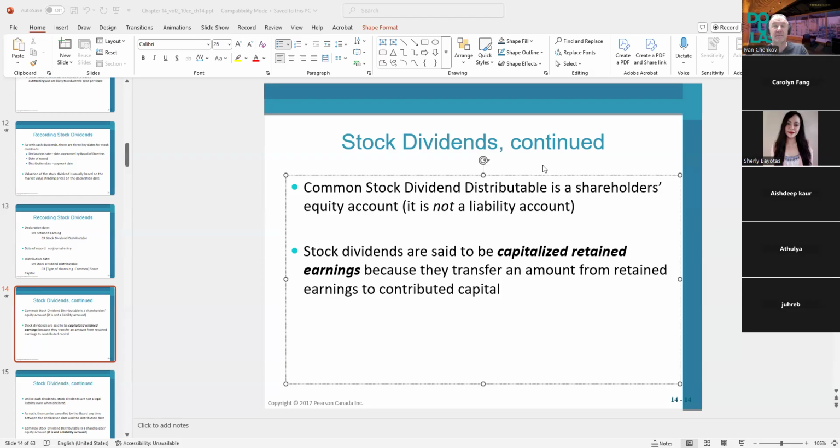But if it stays in the retained earnings, you may ask me for a cash dividend. Do you see the difference now? If I declare stock dividends, yes, you're getting shares, but I have no obligation to buy those shares back. So basically, I'm capitalizing the retained earnings and keeping it in the company. Whereas if I declare a cash dividend, I have to give you cash.